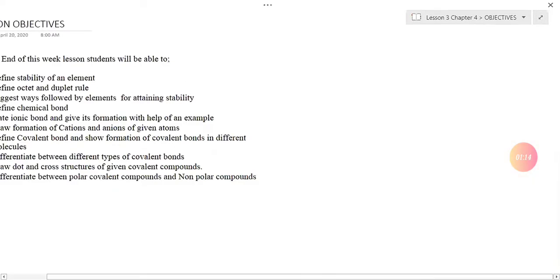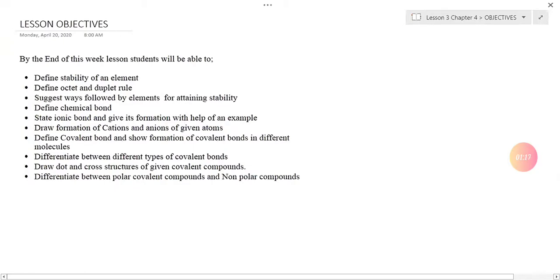Let's talk about the lesson objectives of this week. By the end of this lesson, students will be able to define stability of an atom, define octet and duplet rule, suggest ways followed by elements for attaining stability, define chemical bond, state ionic bond and give its formation with the help of an example, draw the formation of cations and anions, define covalent bonds and show the formation of covalent bonds in different molecules, differentiate between different types of covalent bonds, and draw dot and cross structures of given covalent compounds.